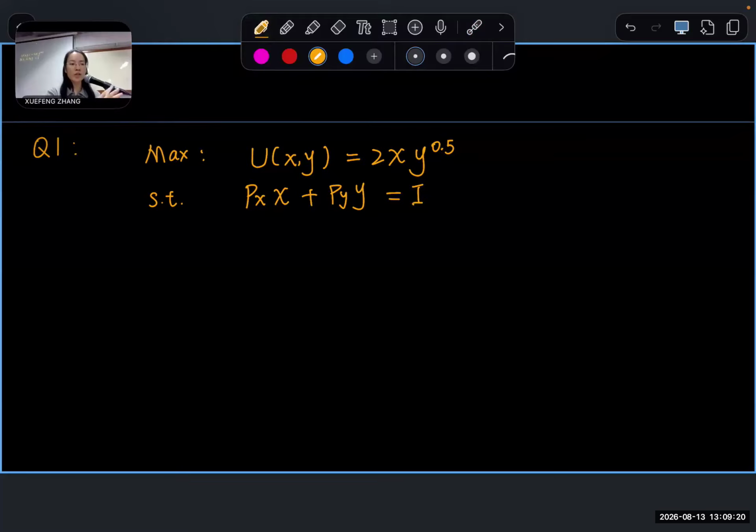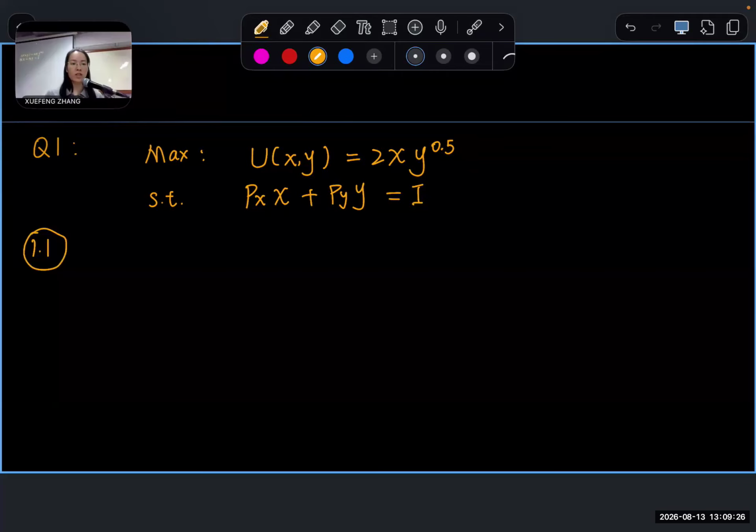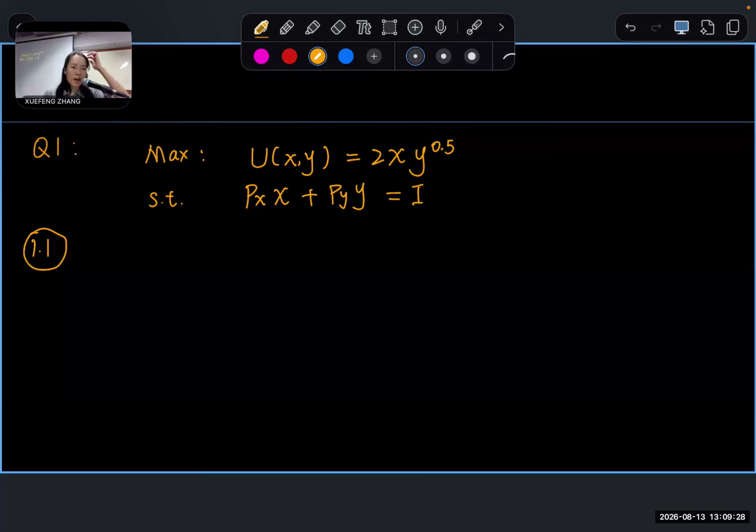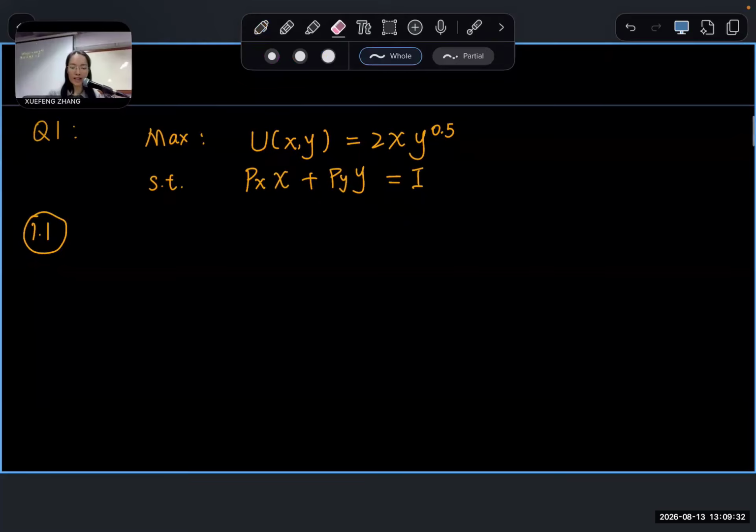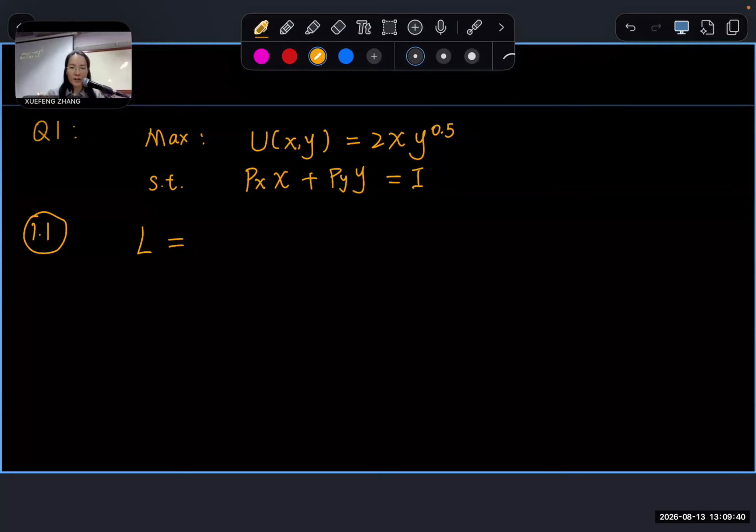So the first question, 1.1, set up the Lagrangian function for the utility maximization problem, all right? So L equal objective function first, right? Which is our utility.